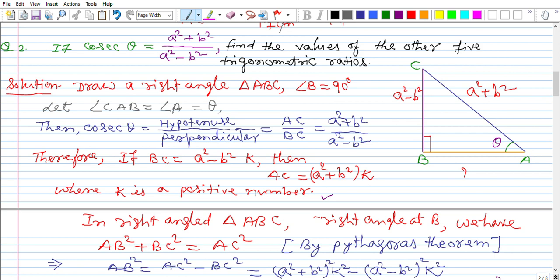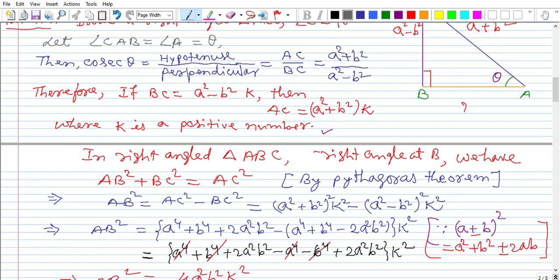Then transposing, we have to find AB square, so you can write AC square minus BC square, that value is given: a plus b whole square K square minus a square minus b square whole square K square.